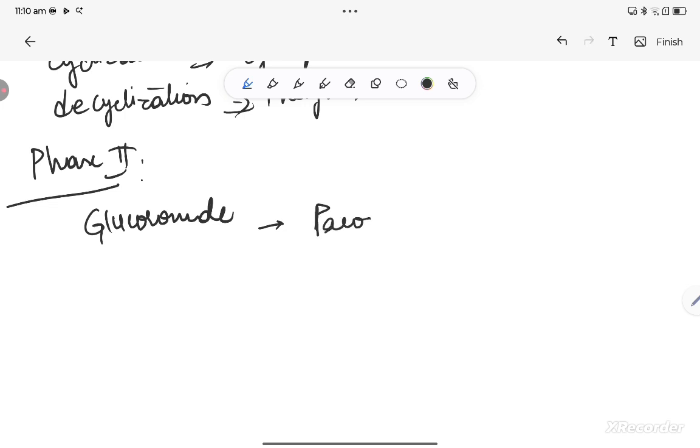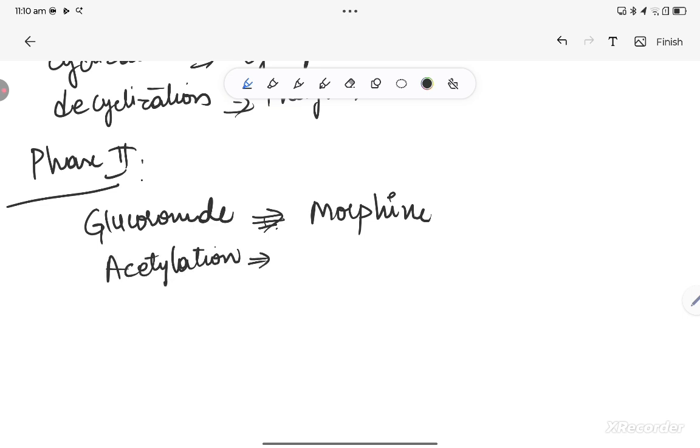Morphine is easy. Glucuronide conjugation, example is morphine. And then the second one is acetylation. With respect to acetylation, you need to understand that conjugation with the help of acetyl-CoA happens. Once acetyl-CoA is involved, there is always a chance of genetic variations.